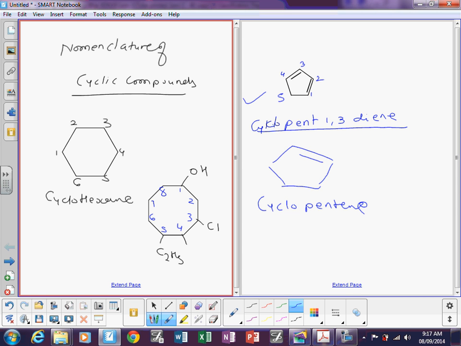However, it contains OH, so cyclooctanol, and it has chloro, methyl, and ethyl branches. So 5-ethyl, 4-chloro, and 4-methyl cyclo, and 1-ol.